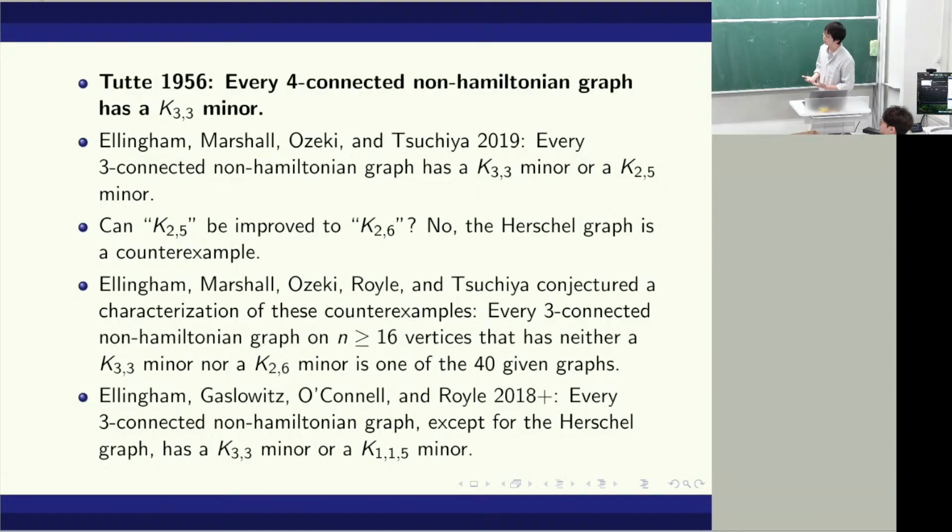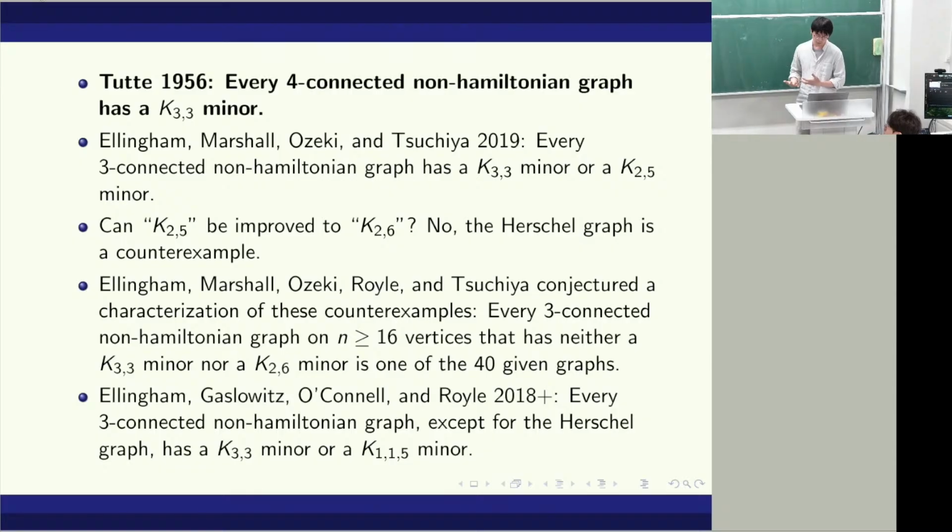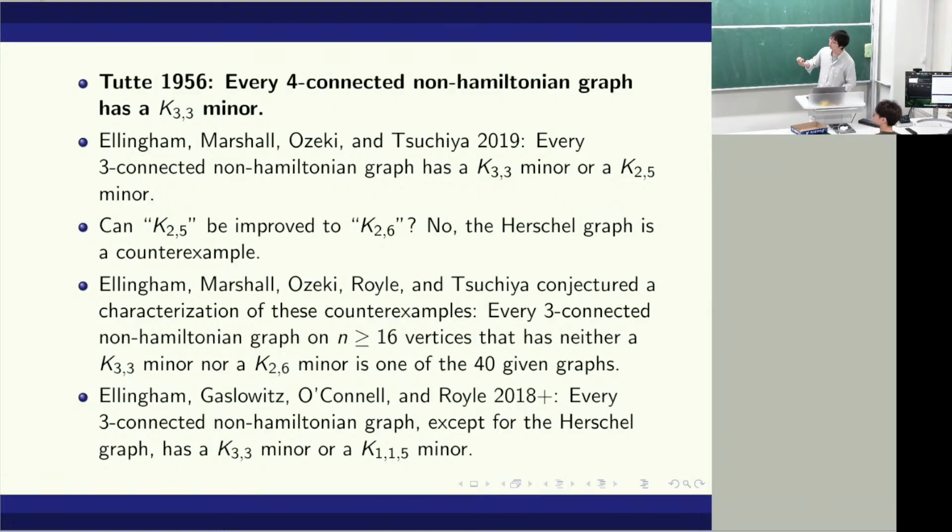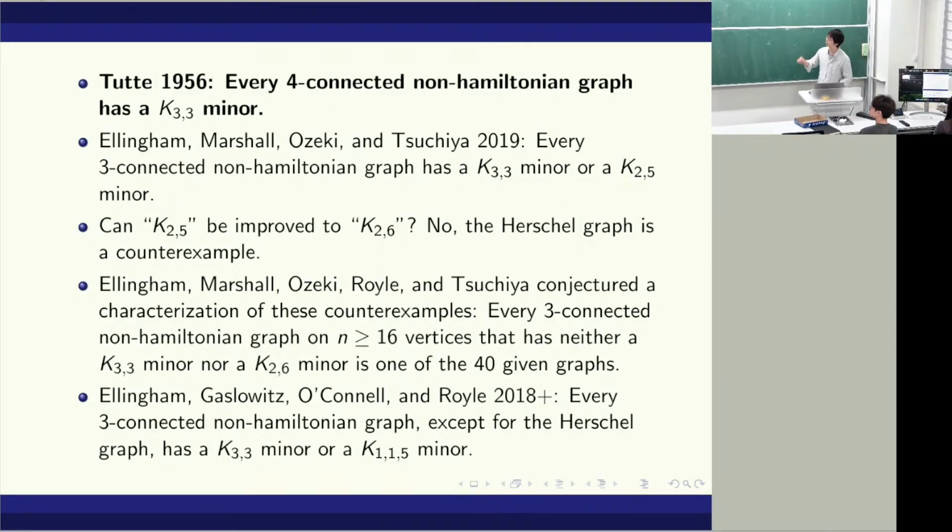They then noticed that there are actually not many. They did the computer search up to 16 vertices. I think it's 17 vertices, but anyway, they conjecture that every 3 connected non-Hamiltonian graph on 16 vertices that has neither a K3,3 minor nor a K2,6 minor is one of a list of 40 graphs.